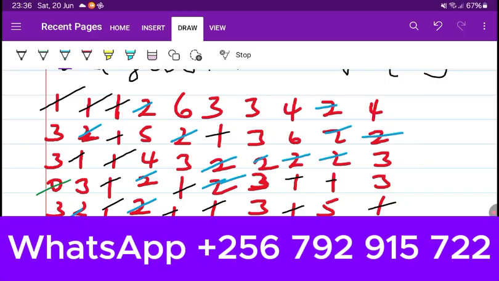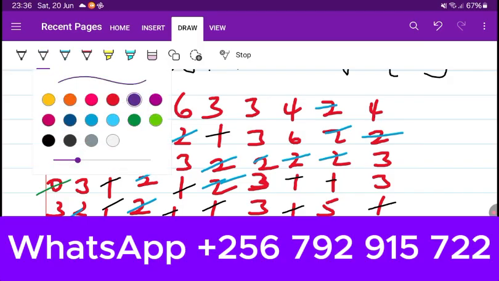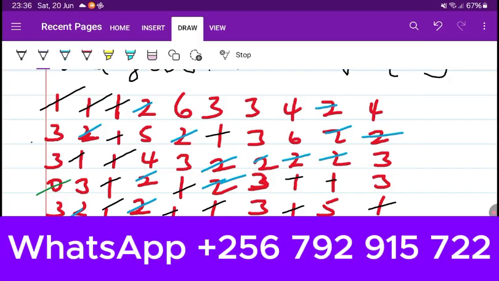If you go to 3, let me change another color. If you check for 3, we have this is 1, 2, 3, 4, 5, 6, 7, 8, 9, 10, 11, and this one is 13.